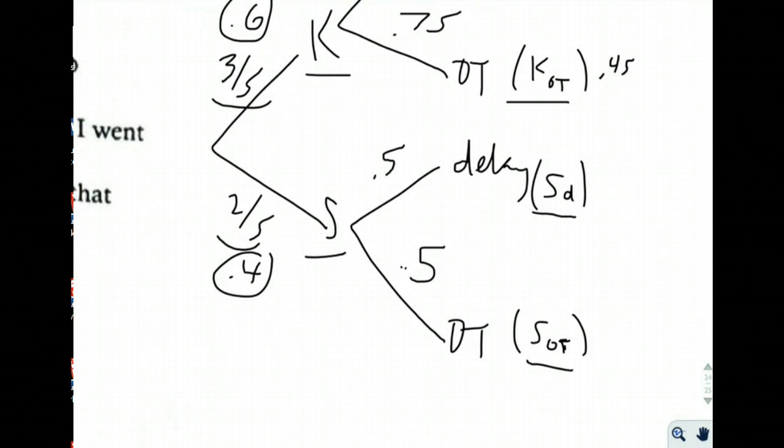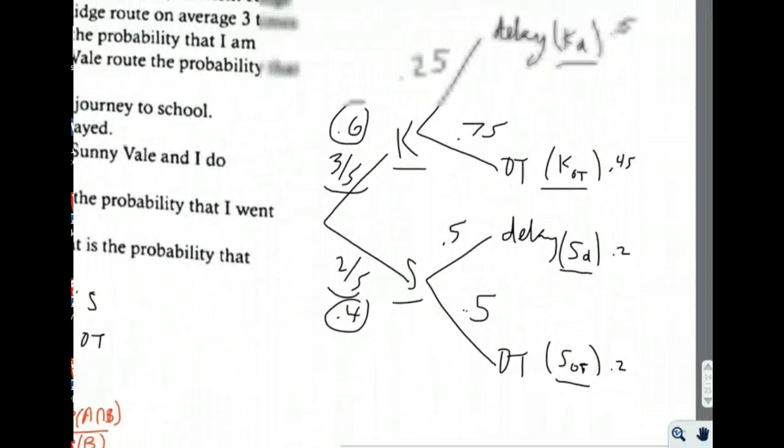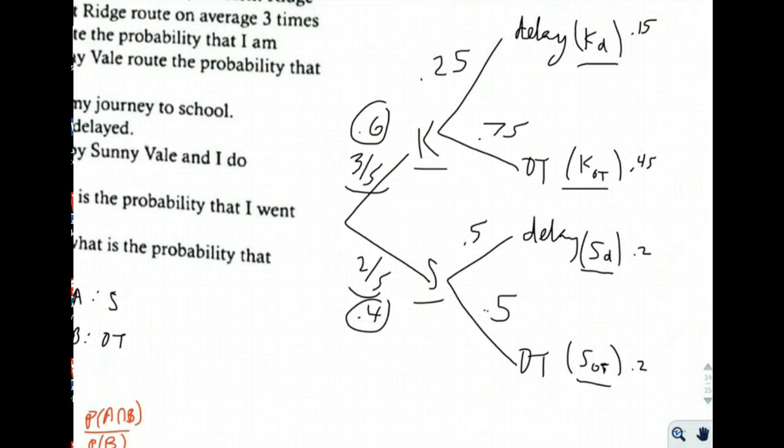The probability that I take Sunnyvale and I'm delayed is 0.2. 0.4 times 0.5 is 0.2. The probability I take Sunnyvale and I'm on time is also 0.2. Now let's check to see if all those add up to 1. So 0.15 plus 0.45 plus 0.2 plus 0.2. Yes, that adds up to 1.0.